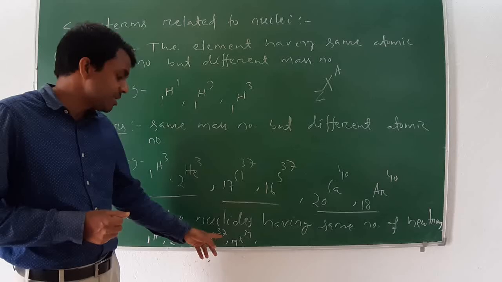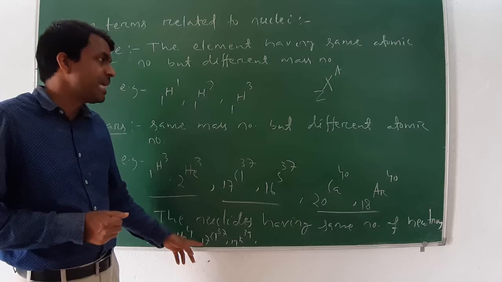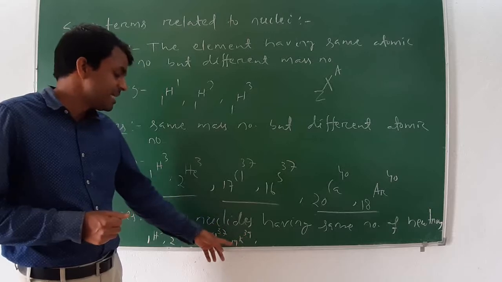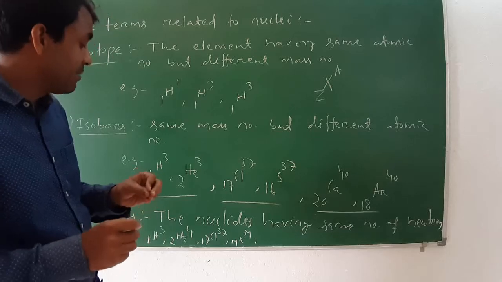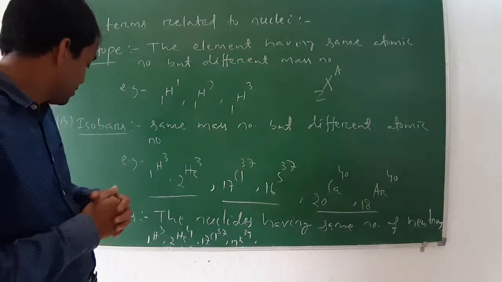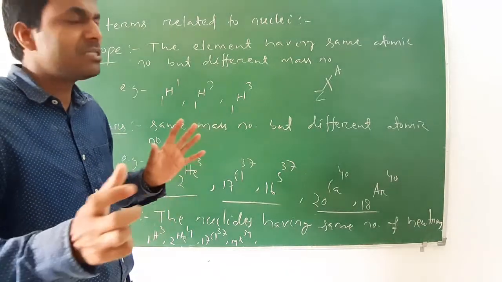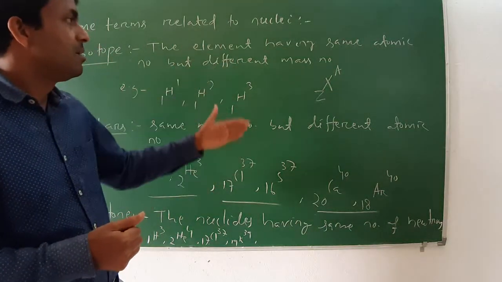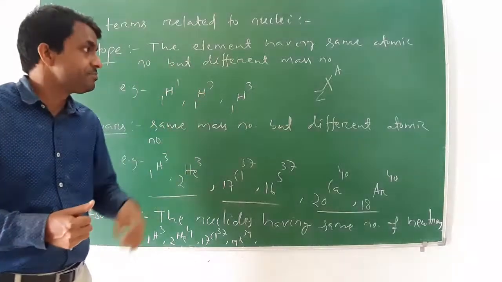Because its mass number is 37 and atomic number is 17, A minus Z is 20, and for potassium A is 39, Z is 19, A minus Z is 20. Therefore, 17 chlorine 37 and 19 potassium 39 are isotones, and so are 1H3 and 2He4, because they have the same neutrons. And these are some terms related to nuclei.